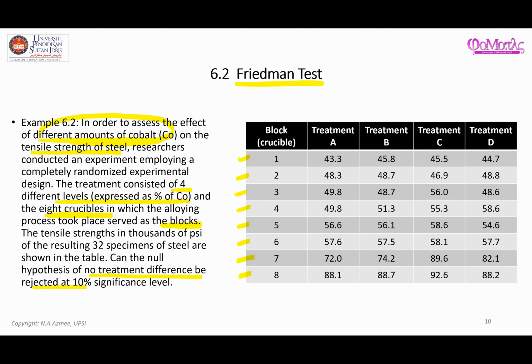Again, I hope you are able to see that the data from treatment A, treatment B, treatment C, and treatment D all came from the same subject. So here is the same block. Similarly, this one, this one, this one, and this one came from this particular block.